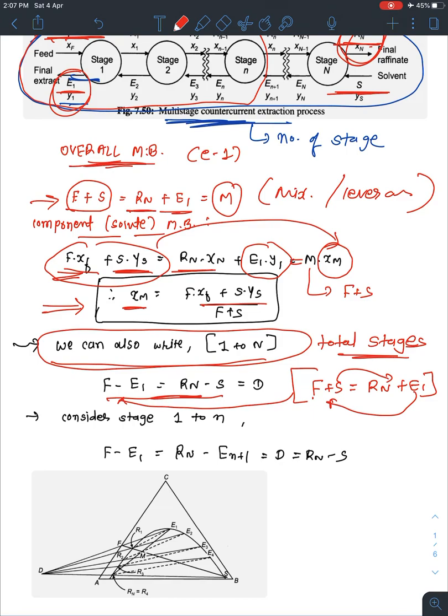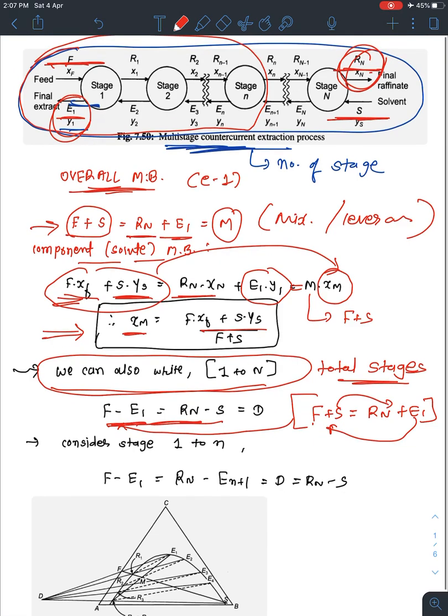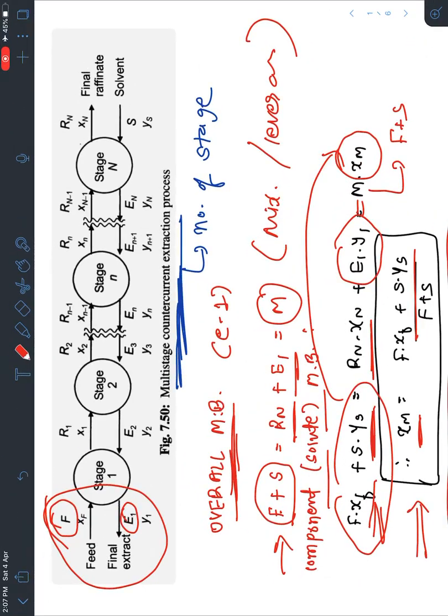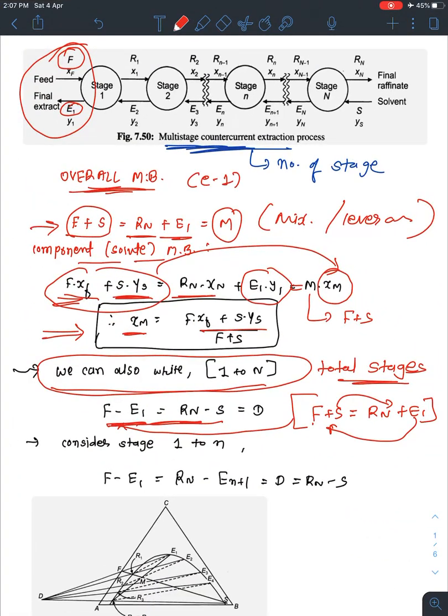Now see in this figure, imagine this difference: the difference between the feed flow rate and the extract flow rate at or before stage 1, and over here the difference between Rn and S at the final stage.